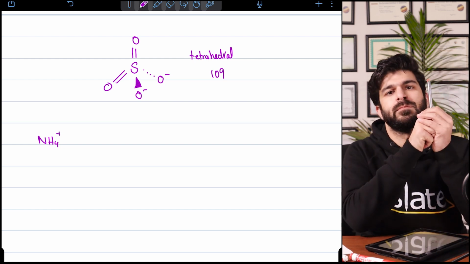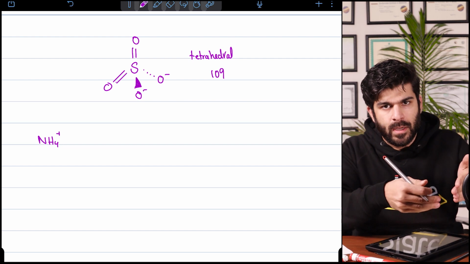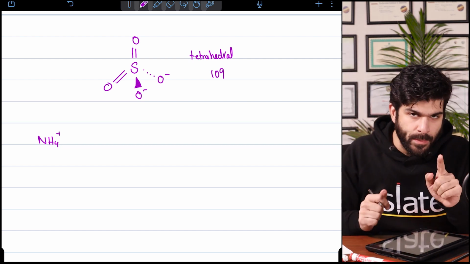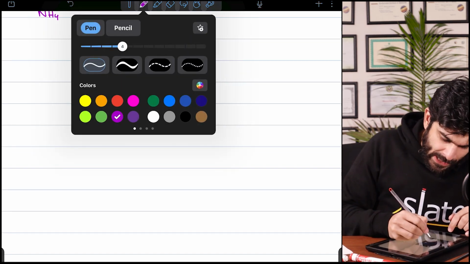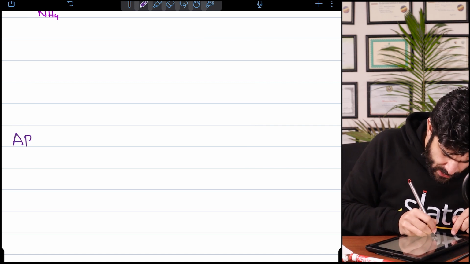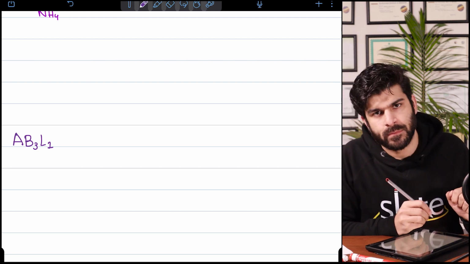And likewise, another important ion, ammonium. So we will be talking about ammonia first, then we'll talk about ammonium. Let's talk about ammonia first. And that would be our next type, AB3L1, 3 bonds, 1 lone pair.